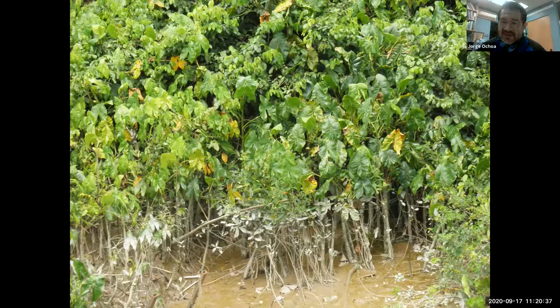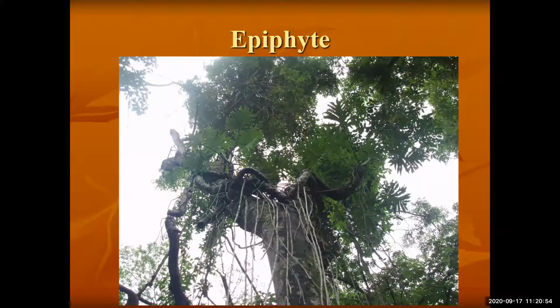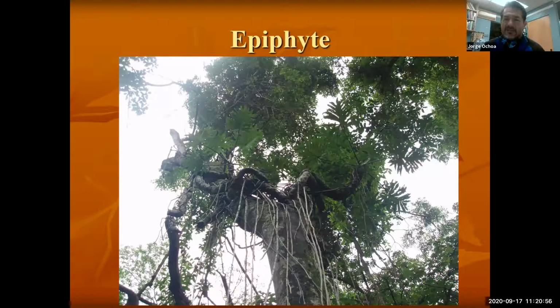So water loving. The word epiphyte, I've used it before, and this is one word that you need to know because we're going to see this type of habit in many, many plants. Epi means upon, and phyte or phytum means plant.